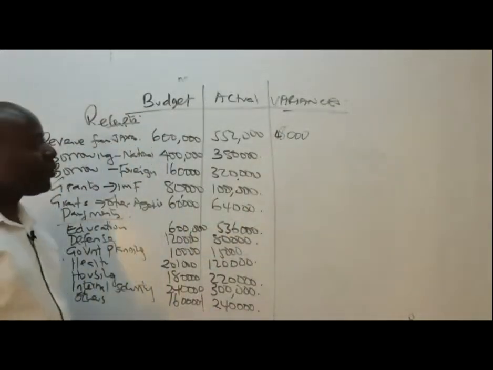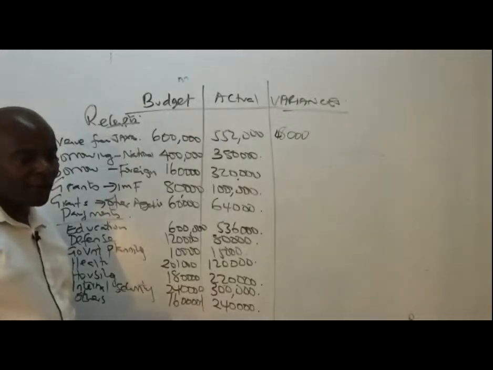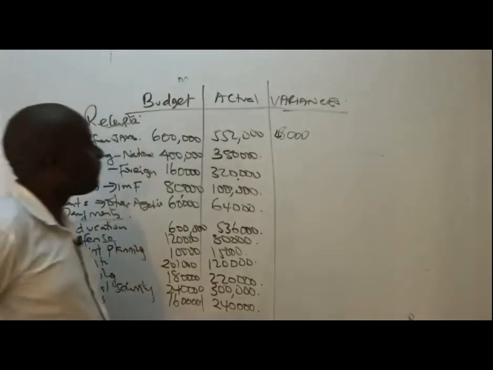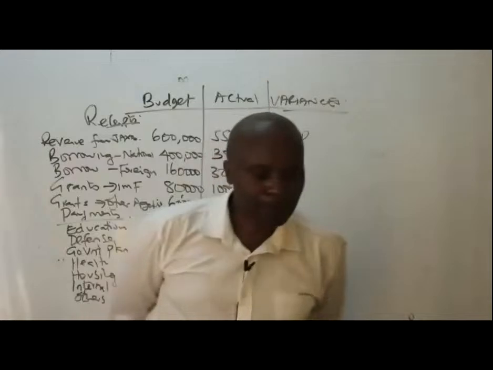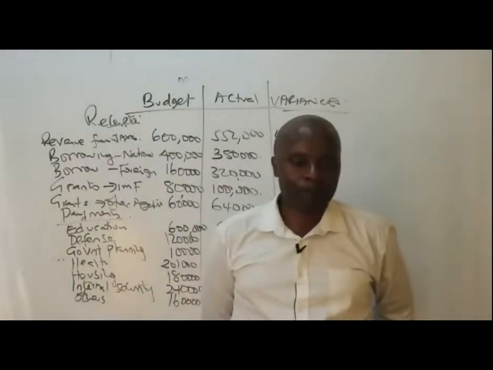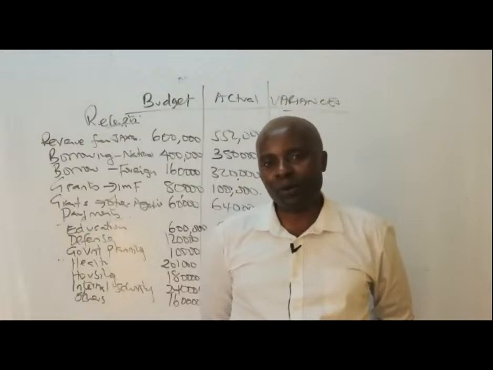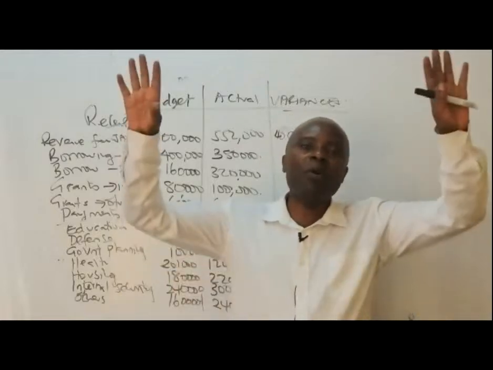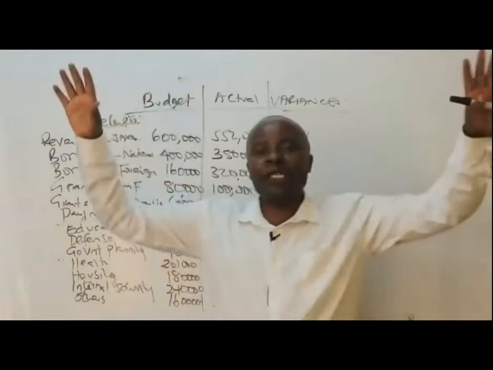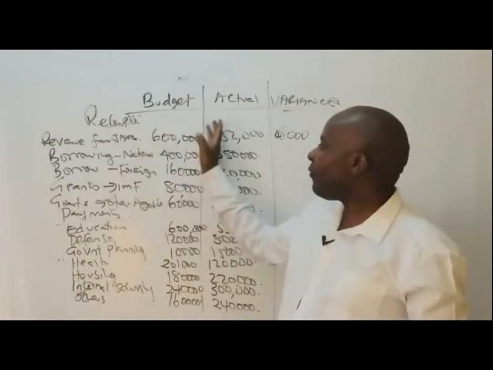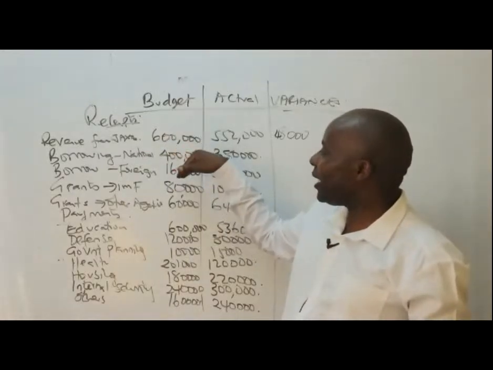So is it a good variance or a bad variance? Good or bad? Why bad? Because I had budgeted to get 600,000, but I fell behind my target.